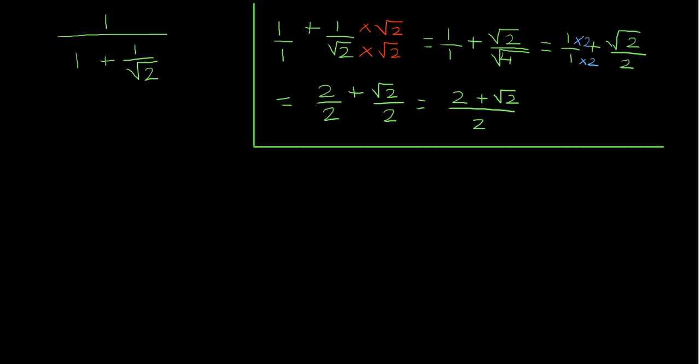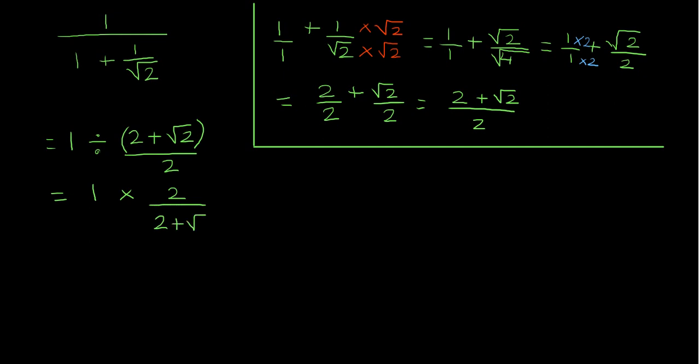So I can rewrite this as 1 divided by 2 plus root 2 over 2. Now when I divide by a fraction, I multiply by its reciprocal. So that's the same as 1 times 2 over 2 plus root 2, which is the same as 2 over 2 plus root 2.